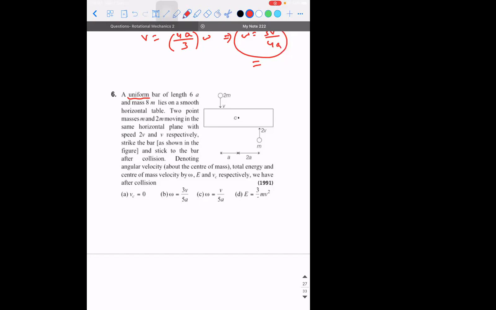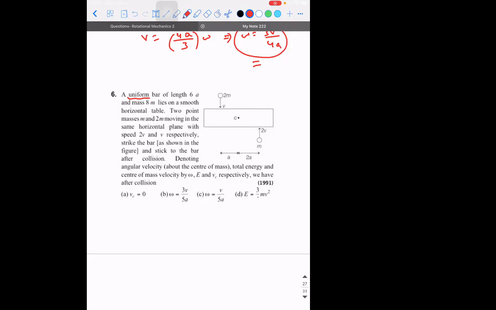Denoting the angular velocity about the center of mass, total energy and center of mass velocity by omega, E and Vc respectively. What are these values after collision is what they're asking.